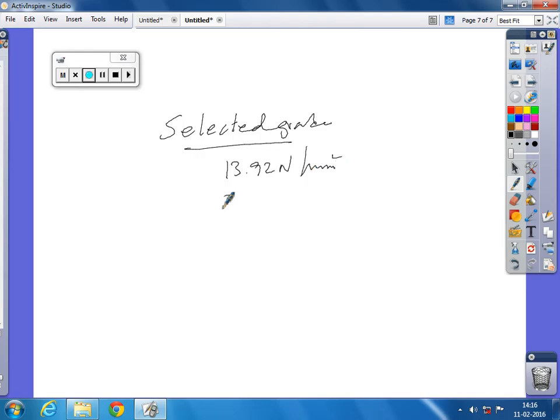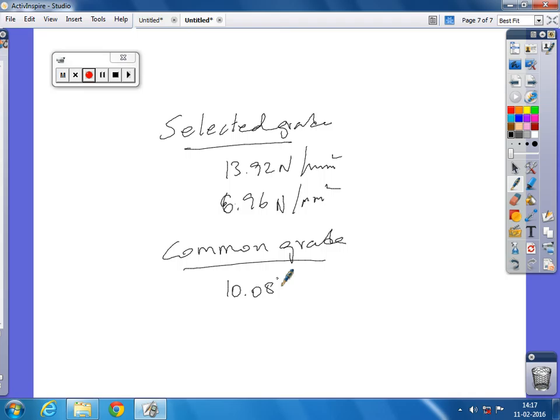Another one 6.96 Newton per mm square. For common grade, 10.08 Newton per mm square. What is the other one? It's 5.04 Newton per mm square.